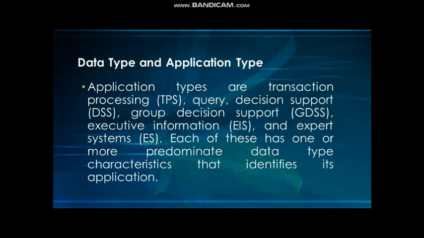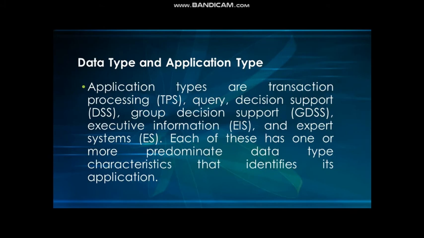So next we have the data type and application type. Application types are transactions processing or the TPS, the query decision support, we have the DDS, group decision support, GDSS, executive information, EIS, and expert system ES.